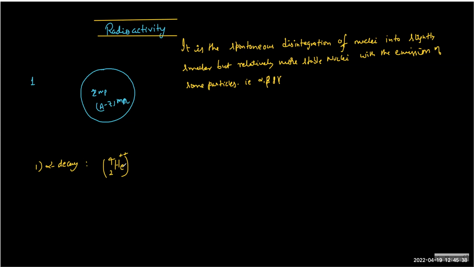And alpha decay means this much of proton and neutron will leave the nucleus. That's the whole idea. So the total number of nucleons leaving the nucleus will be 4, out of which 2 will be proton and 2 will be neutron. So when a particle similar to this helium leaves the nucleus, we call it alpha decay.